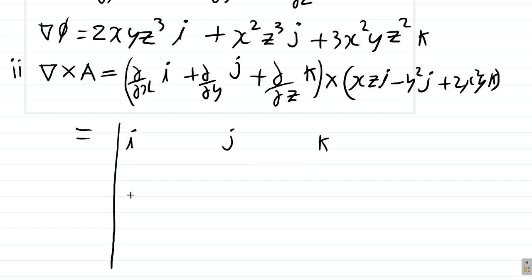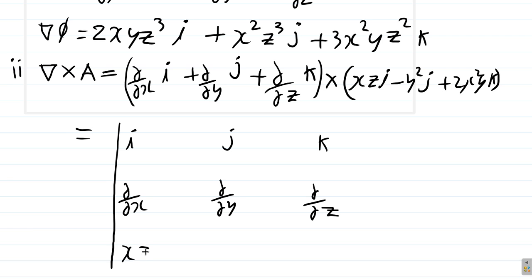In row 2, you have the coefficients of the vector on your left. In this case, it is partial by partial x, partial by partial y, partial by partial z. And then in row 3, you have the coefficients of the vector on the right.